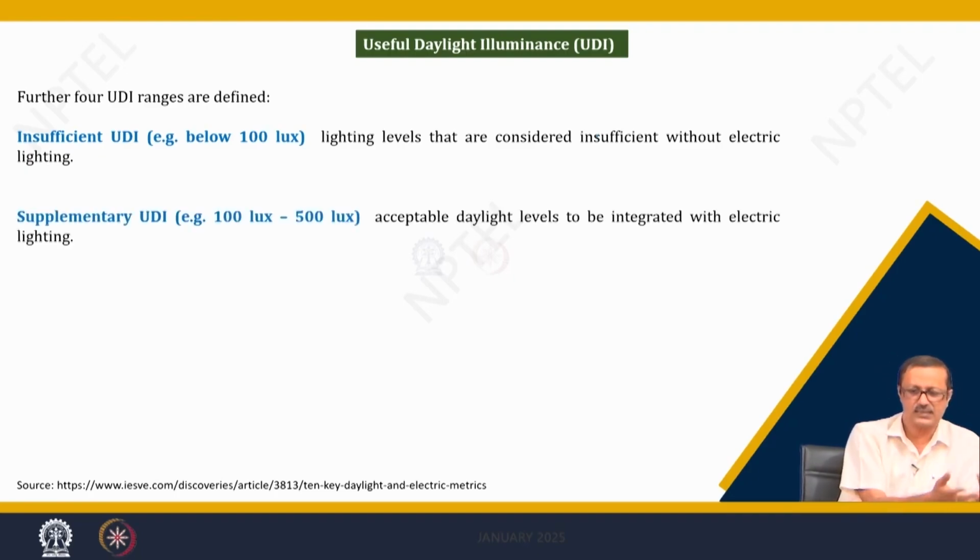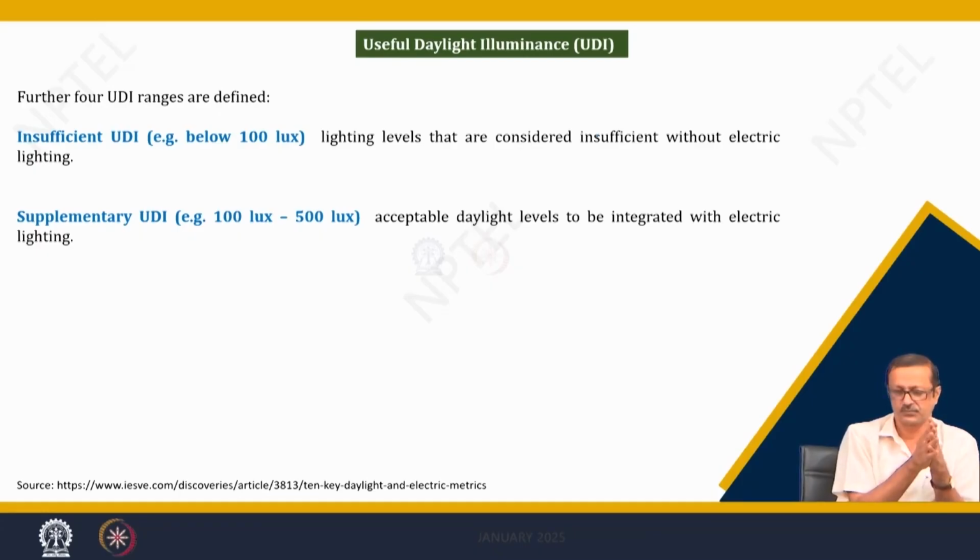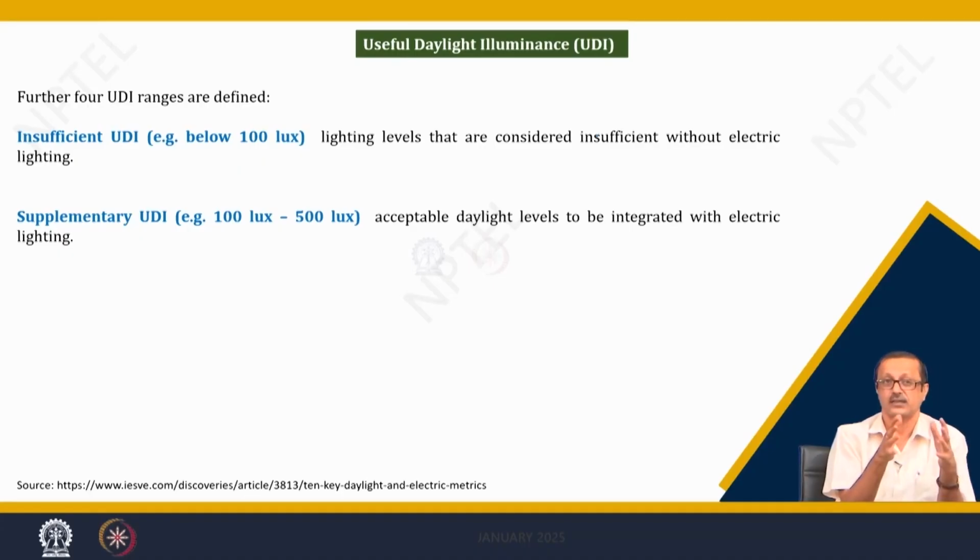Now, the next one is the supplementary UDI. You see which area will be within 100 to 500, it is again not 300 lux or so, it is 100 to 500 lux. The grids show that for maximum time it is 100 to 500.